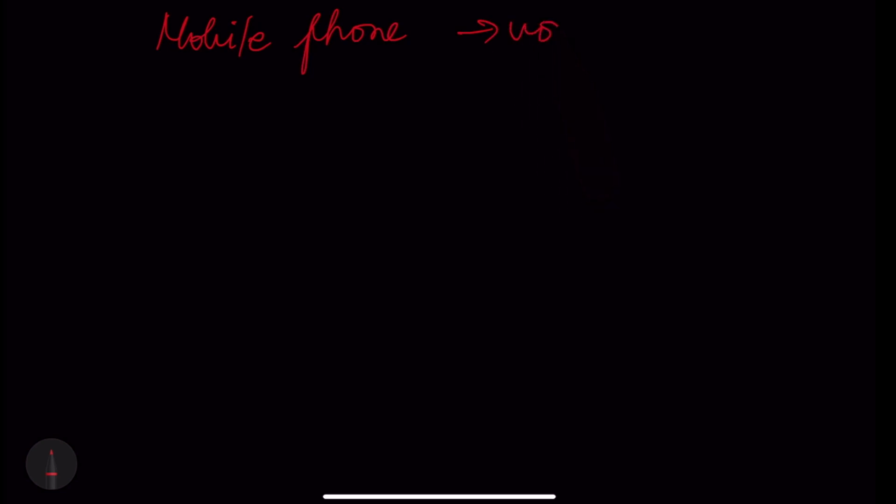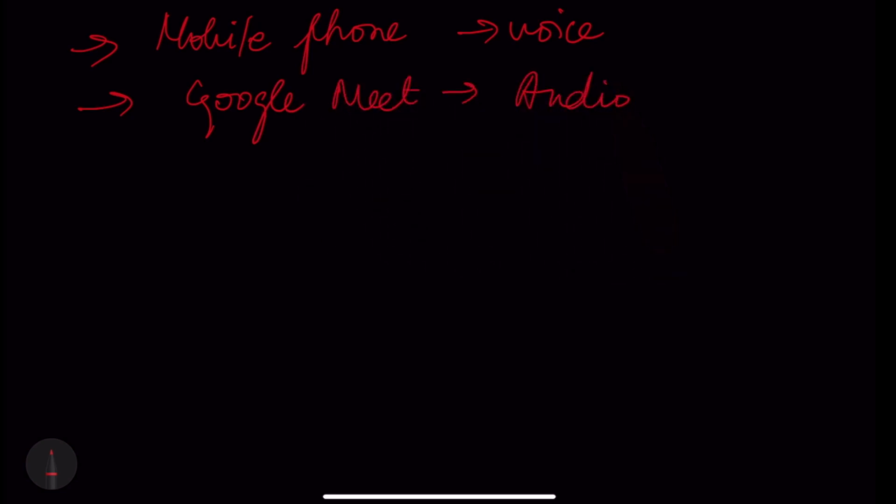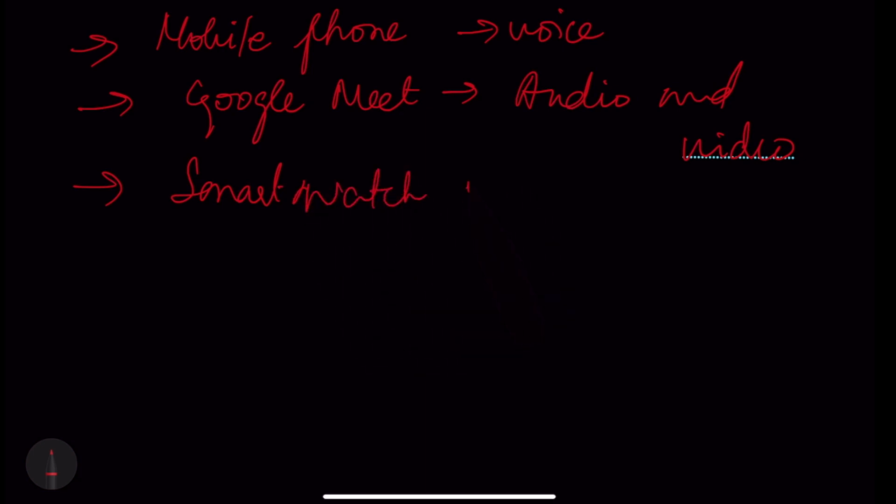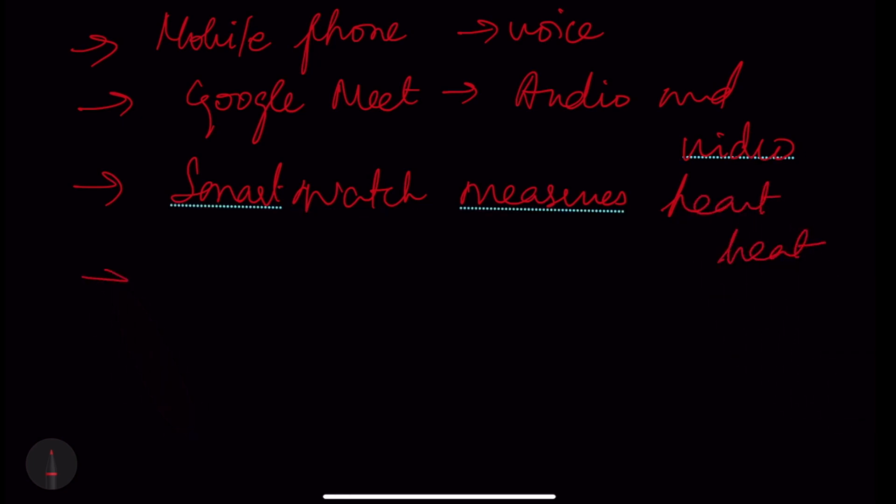How does the Google Meet platform transmit audio and video signals? And how does your smartwatch measure your heartbeat and other parameters? And for example, how does the process of noise cancellation occur in your earphones?